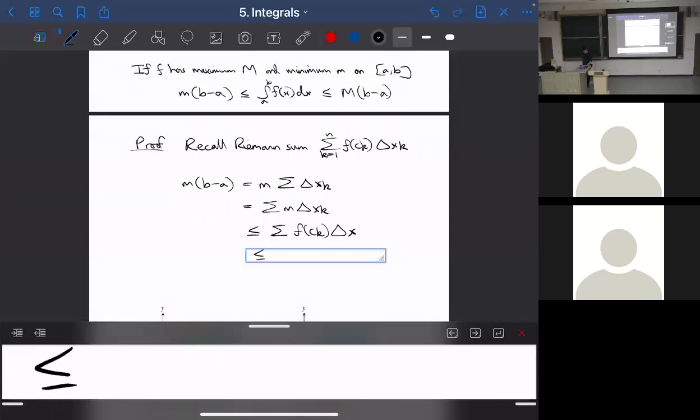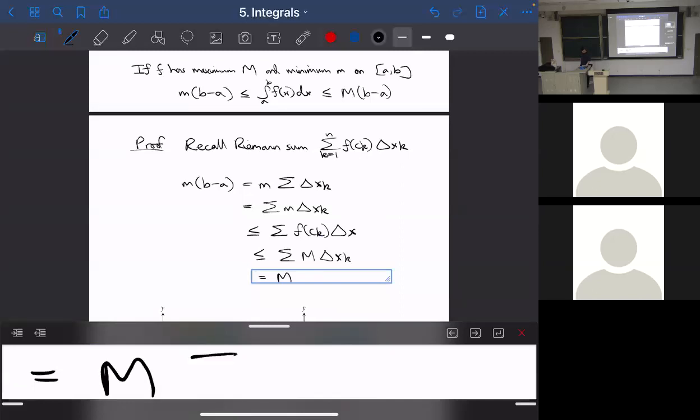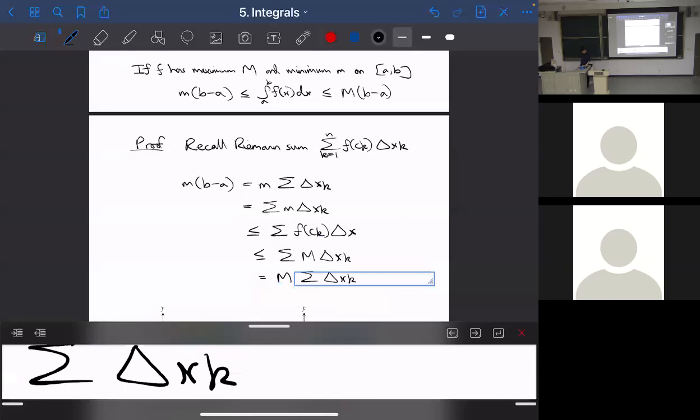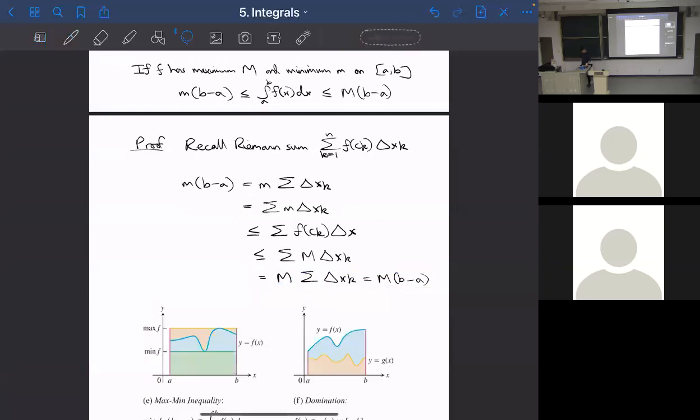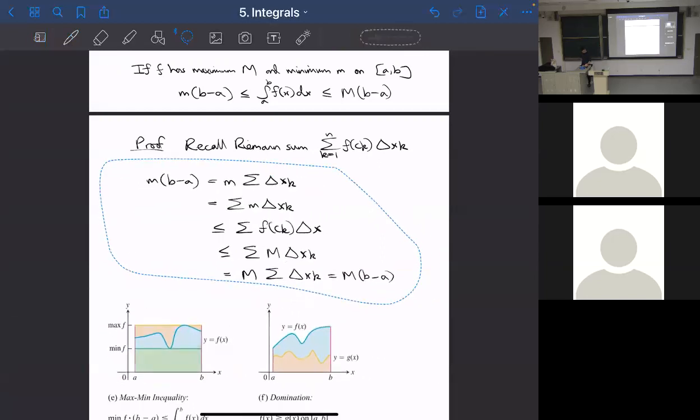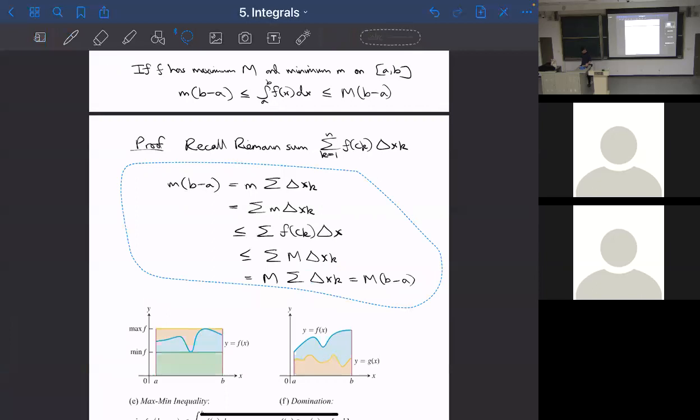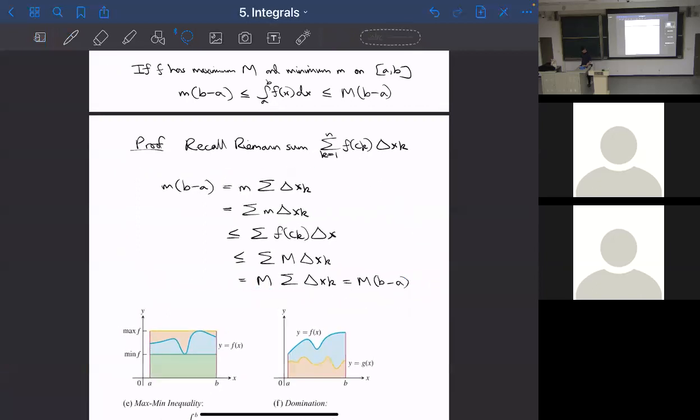And in the other direction, I get an inequality for these maximums. And I get this. So that's the proof.